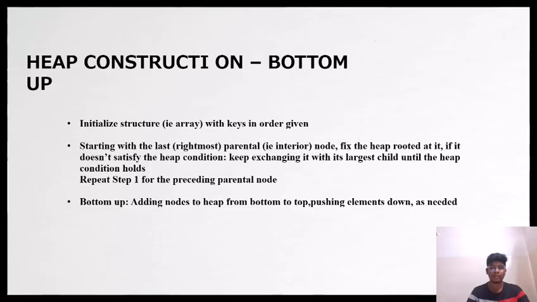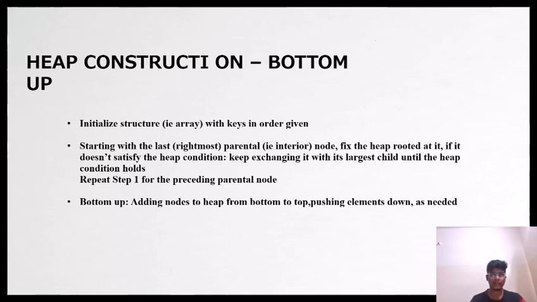Heap construction has two types, bottom up heap and top down heap. First, bottom up heap, which initializes the array with keys in the order given, starting with the last rightmost parental, which is an interior node. Fix the heap rooted at it.